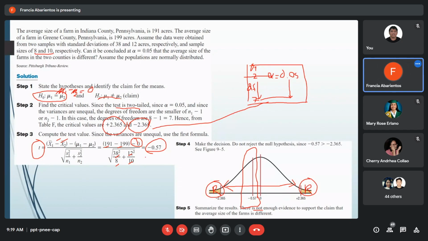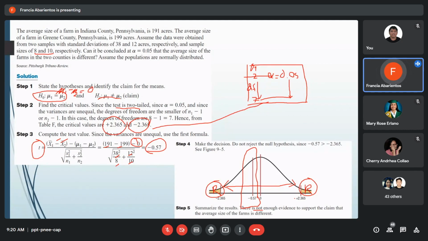So do not reject the H0. Wala tayong evidence na nagsasabi na mas malaki pala, or equal yung mean average size of the farm. So not enough evidence, so do not reject yung null hypothesis natin. Naintindihan ba? May question? Sige.